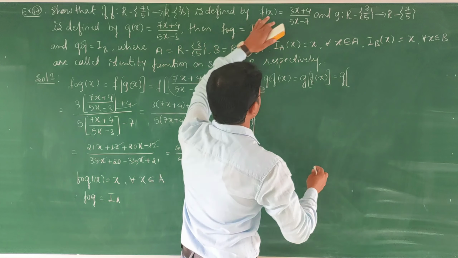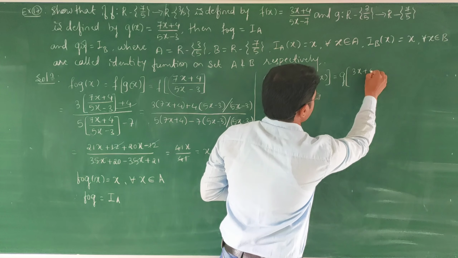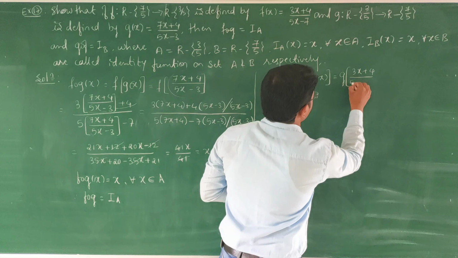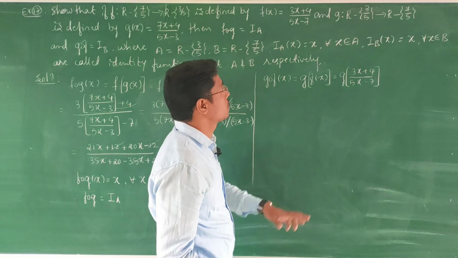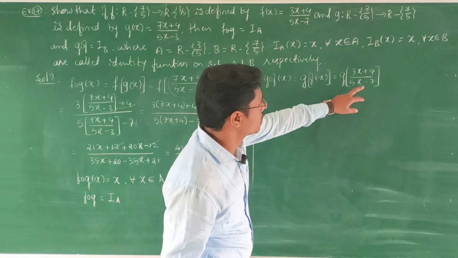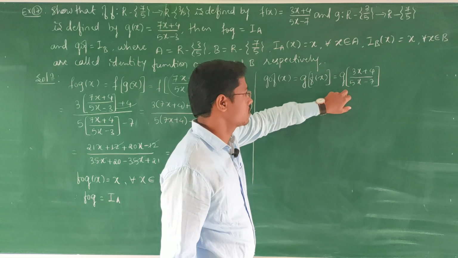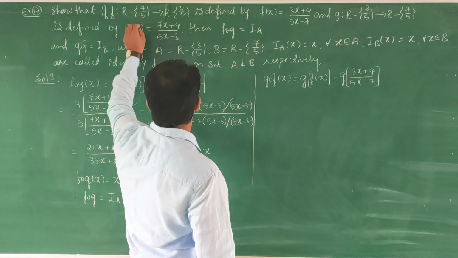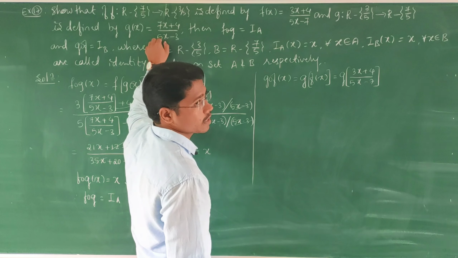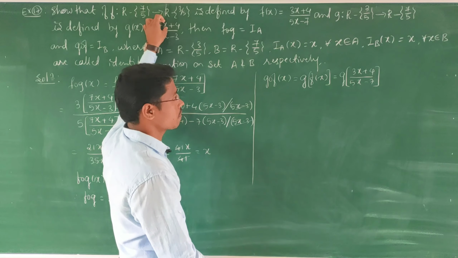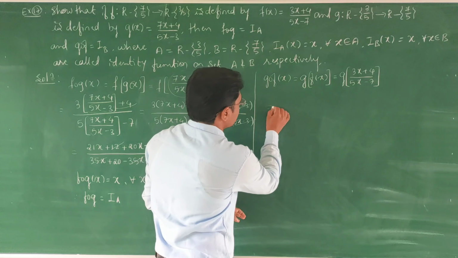See, the g of x is 7x plus 4 divided by 5x minus 3. So this is our x now. f of x equals 3x plus 4 divided by 5x minus 7. So in the place of x, put the g of x.